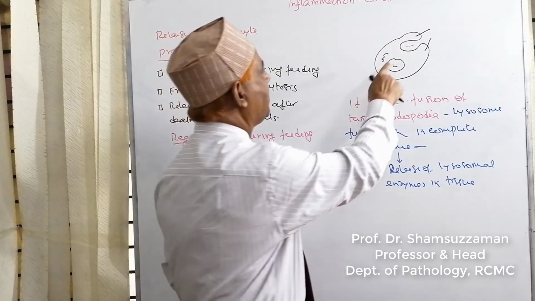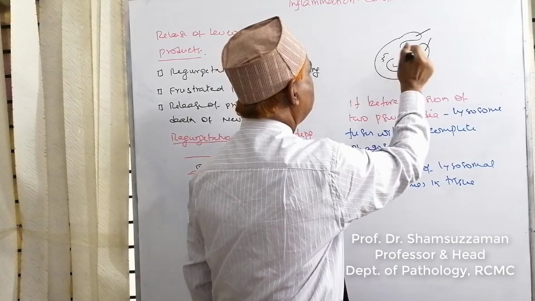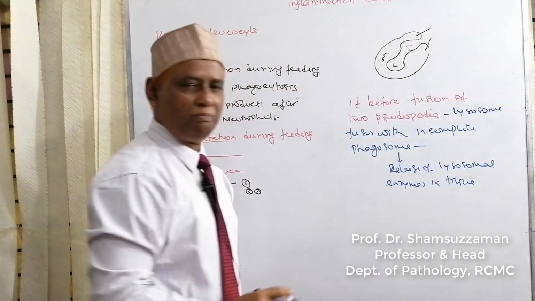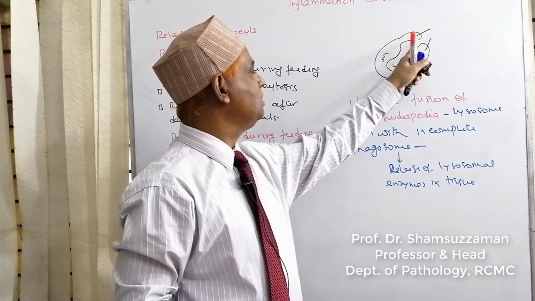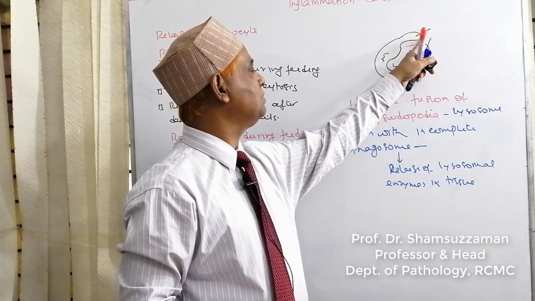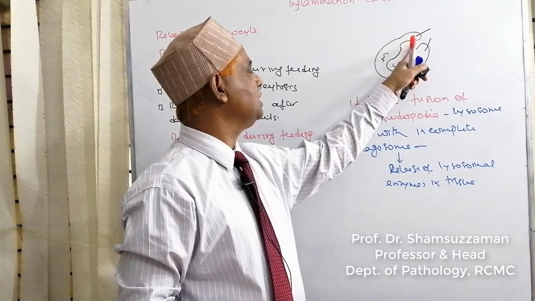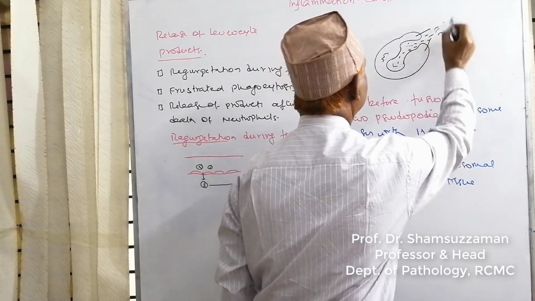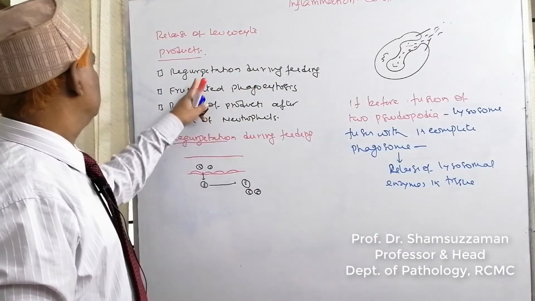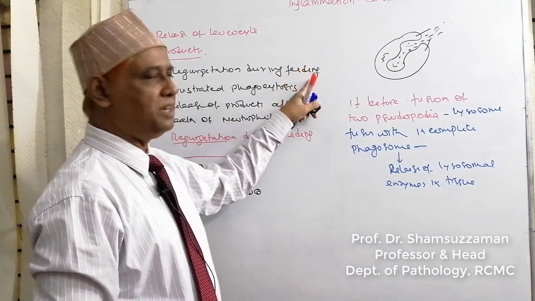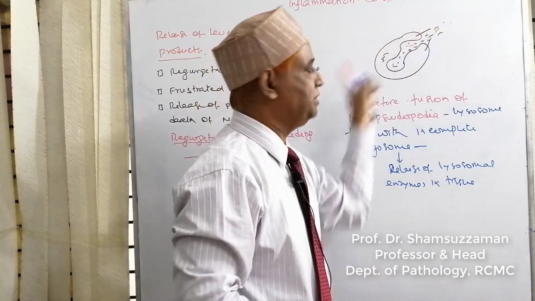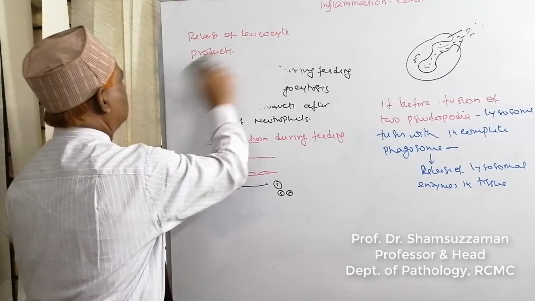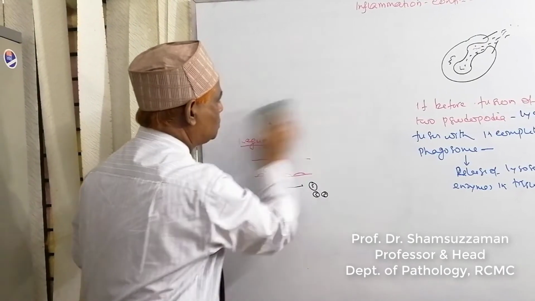If the lysosomal bag fuses with it before the completion of the phagosome, there is a release of lysosomal enzymes in the tissue. So this is called regurgitation during feeding, and these lysosomal enzymes will cause tissue injury.